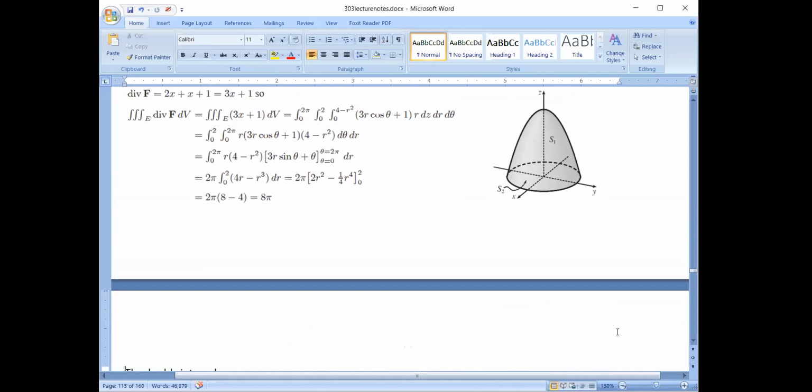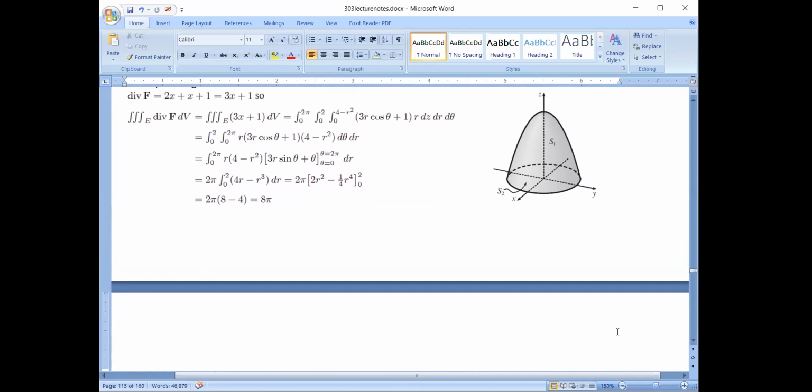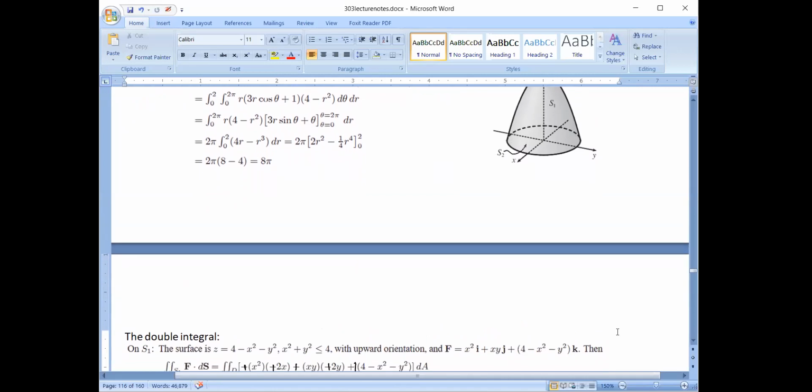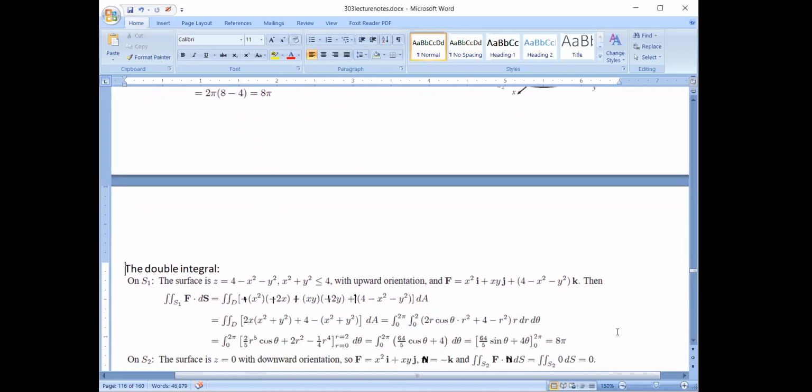So for this surface, for the normal, we have to use a downward orientation. So just looking at it, z equals 0, we can use negative df dx comma negative df dy comma 1. But since z equals 0, that just gives you 0, 0, 1. But we want the downward orientation, so 0, 0, negative 1. So there's your normal vector.